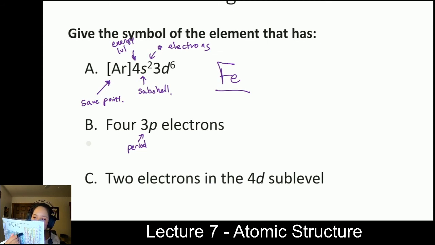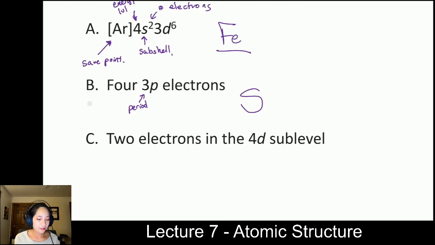Starting at aluminum, there are 4 electrons, so I'm going to count over 1, 2, 3, 4. That brings us to sulfur. So my answer here would be sulfur, which has 4 3p electrons.